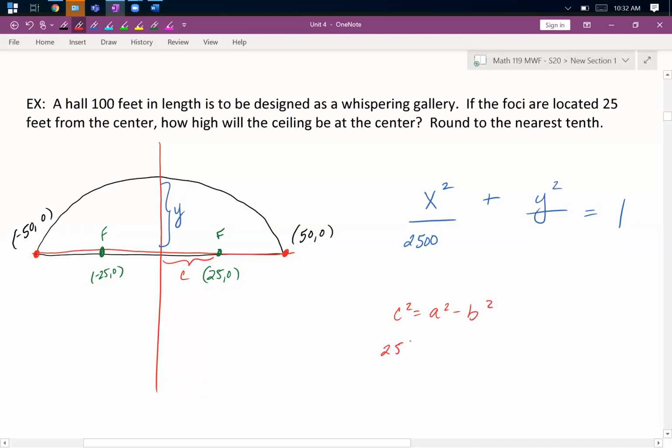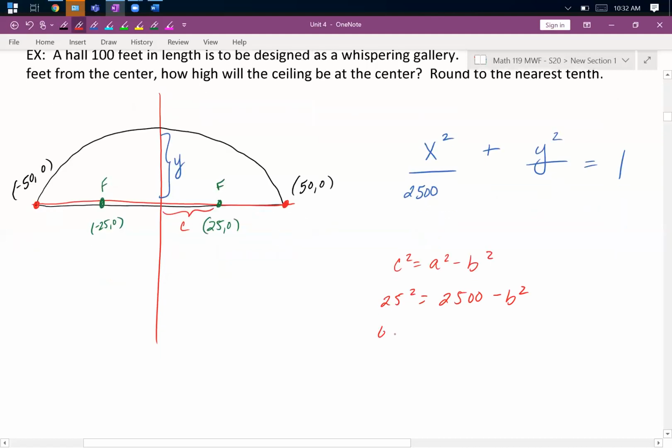So 25 squared equals, we've already established that a squared is 2500 minus our b squared. So 625 equals 2500 minus b squared. Can somebody do that subtraction for me, please?